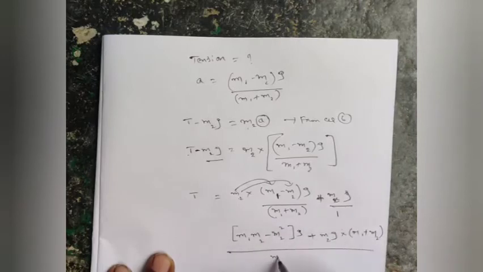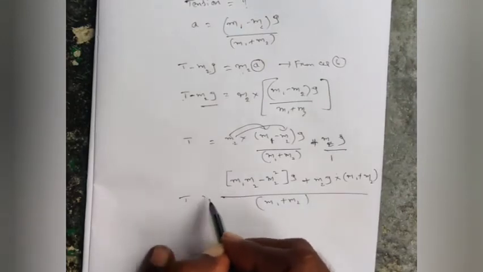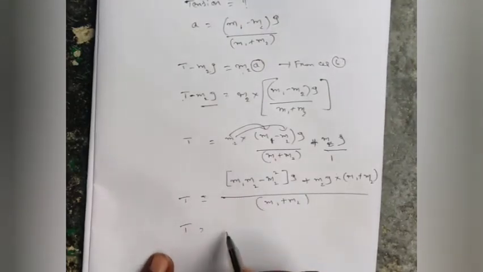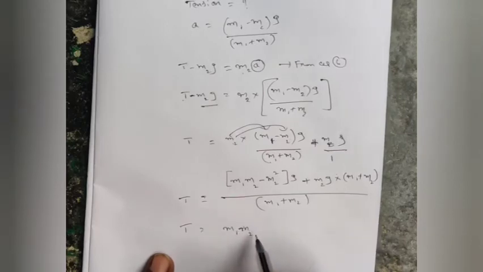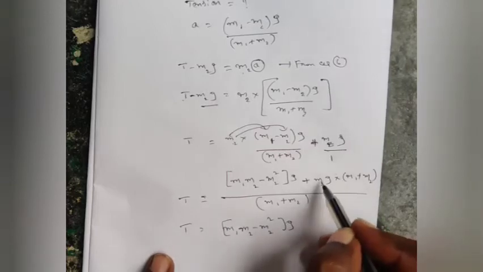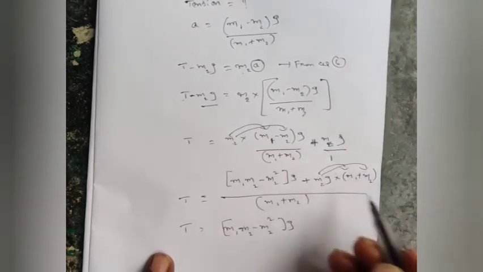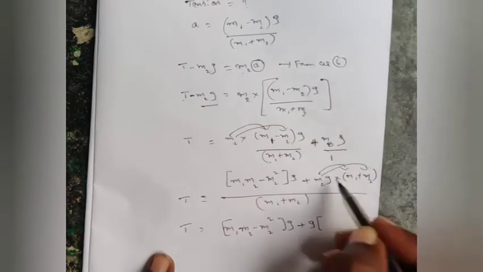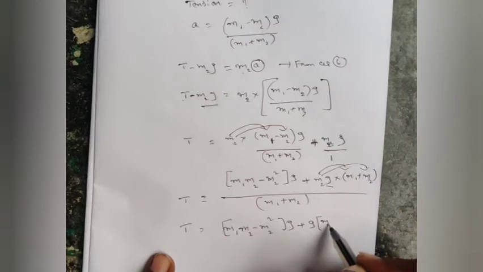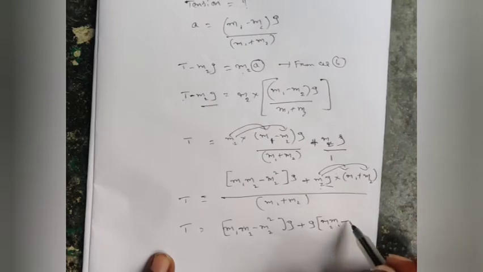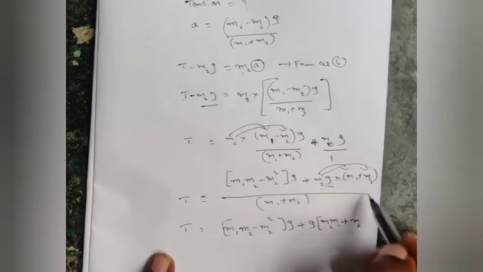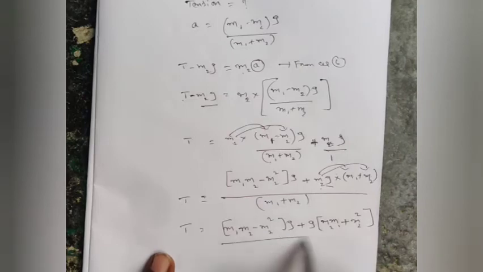By total, the LCM is m1 plus m2. Therefore tension equal to (m1 m2 minus m2 square) into g, plus g into (m1 m2 plus m2 square), by (m1 plus m2).